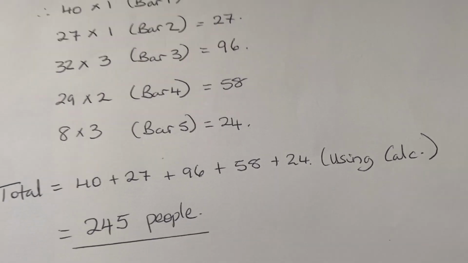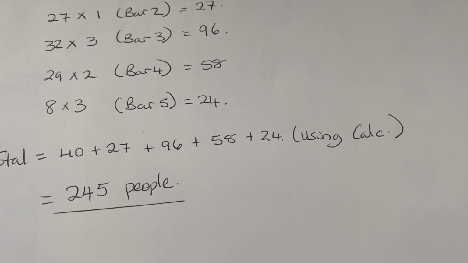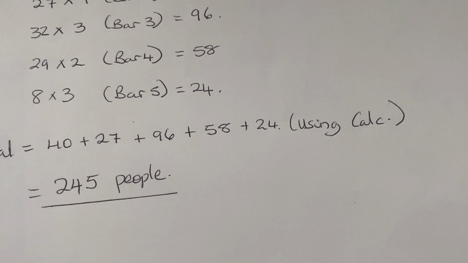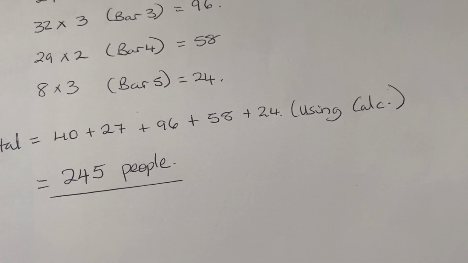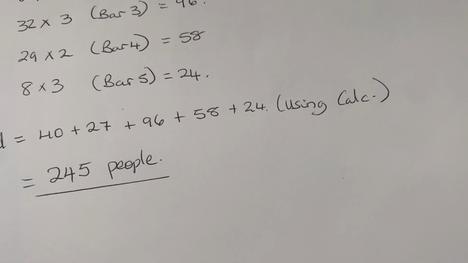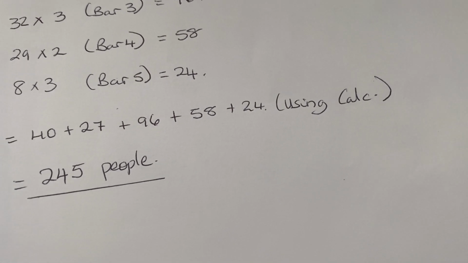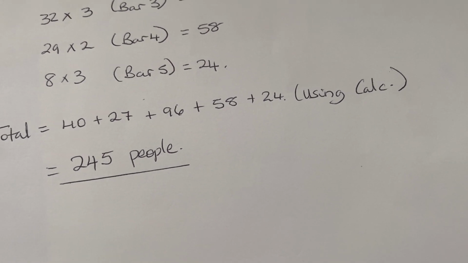So today's work, I came to show you that. If you got the table, you can plot the graph, and then if they ask you how many people took part in the exercise, that is how you find it.